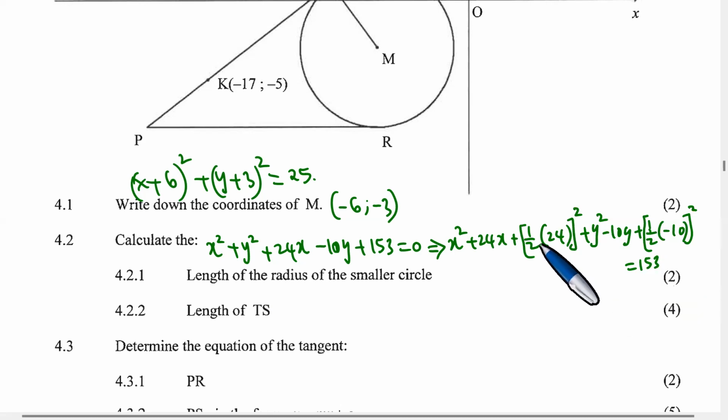Half the coefficient of 24 is 12. If you square that, it becomes 144, which is added to the other side. You take half of minus 10, it's minus 5. You square, it's 25.